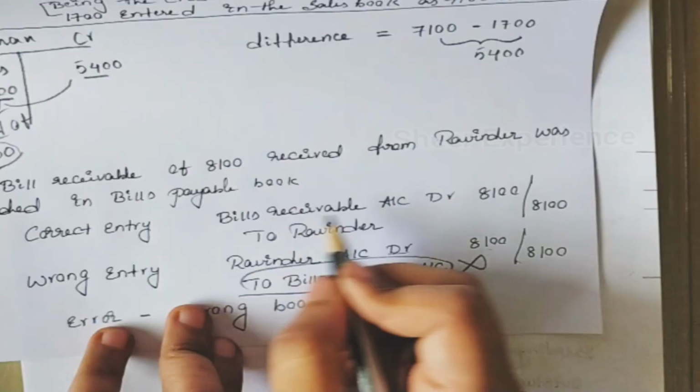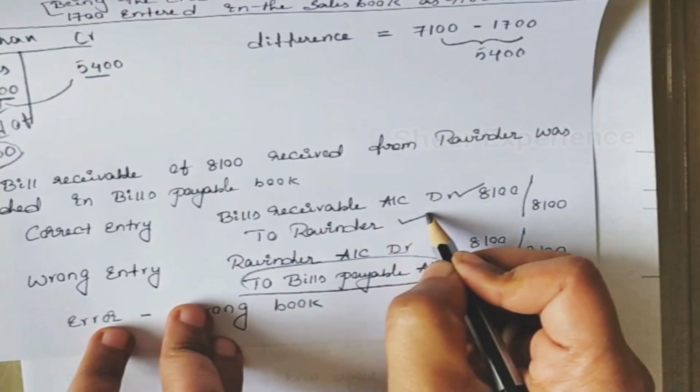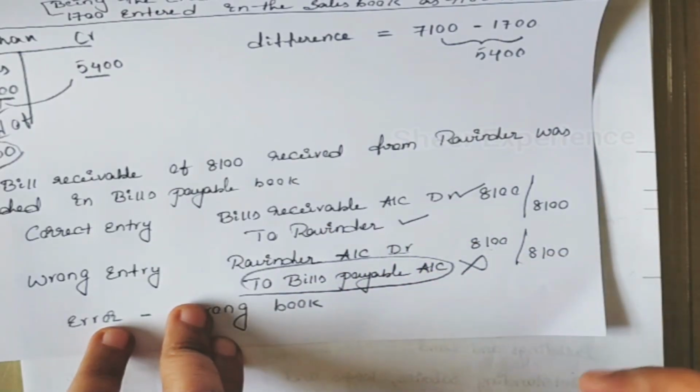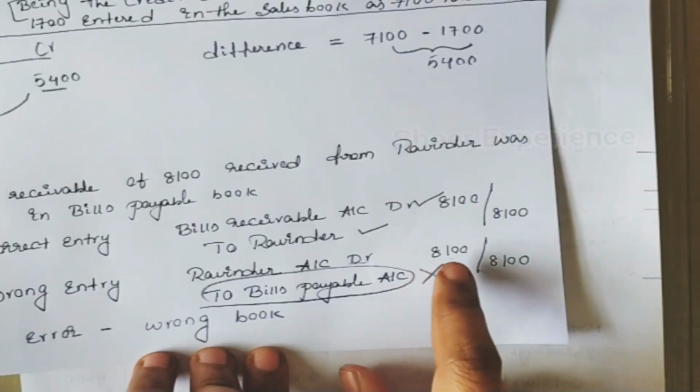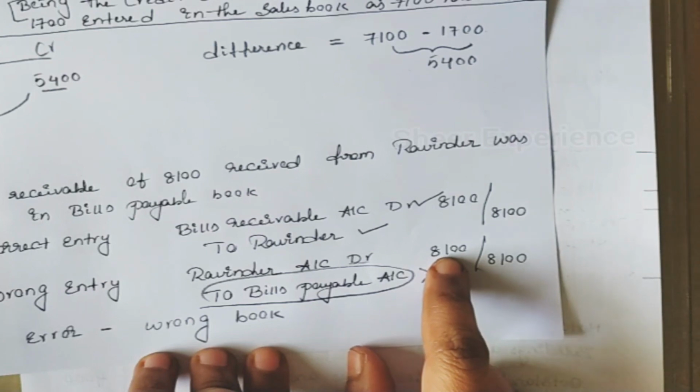As per the correct entry, we need to debit bills receivable and credit Ravinder. But the Ravinder account is debited, which is wrong. To rectify this, we will record 8100 on the credit side. This will nullify the wrong debit entry.